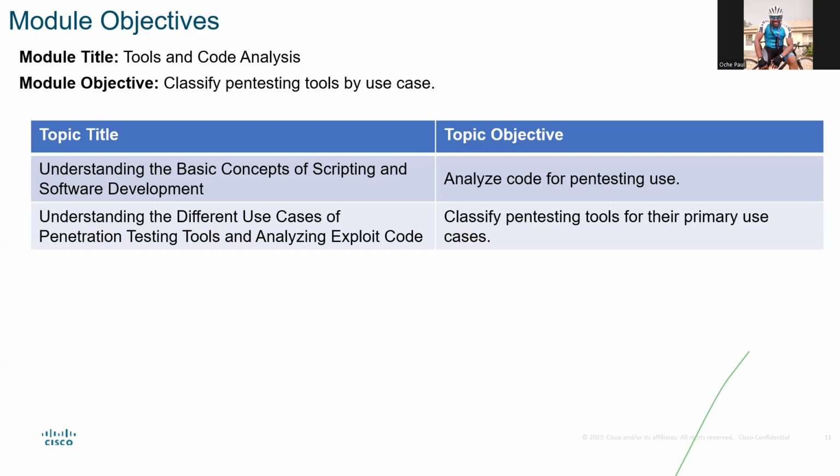Read a lot. There are quite a number of publications out there that help improve this learning. Okay. So we're going to start with understanding the basic concept of scripting and software development. Then we're going to look at understanding the different use cases of penetration testing tools and analyze explicit code.